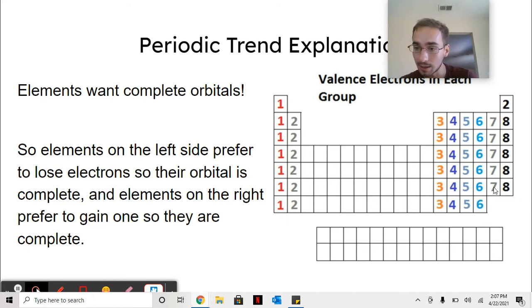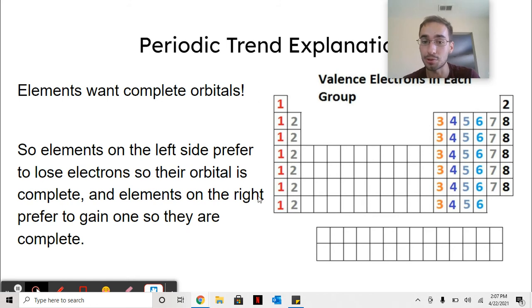So these elements over here are more electronegative because they really want electrons so they can get to a complete, nice 2 for the first ring and then 8 for the rest of the rings. So these want to gain electrons so they can become 8 over here. That's why these ones are electronegative: they want to gain electrons so they become the perfect 8.